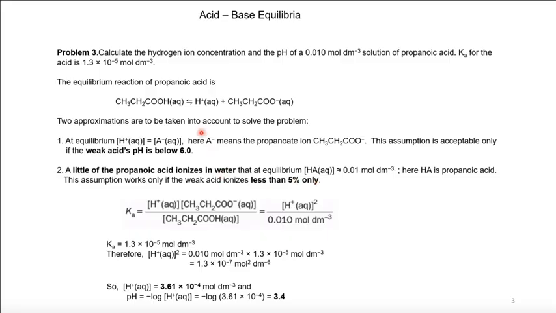Taking these two assumptions into account, we have the dissociation constant and the concentration, so we can calculate and find out that the pH of this propanoic acid is 3.4.